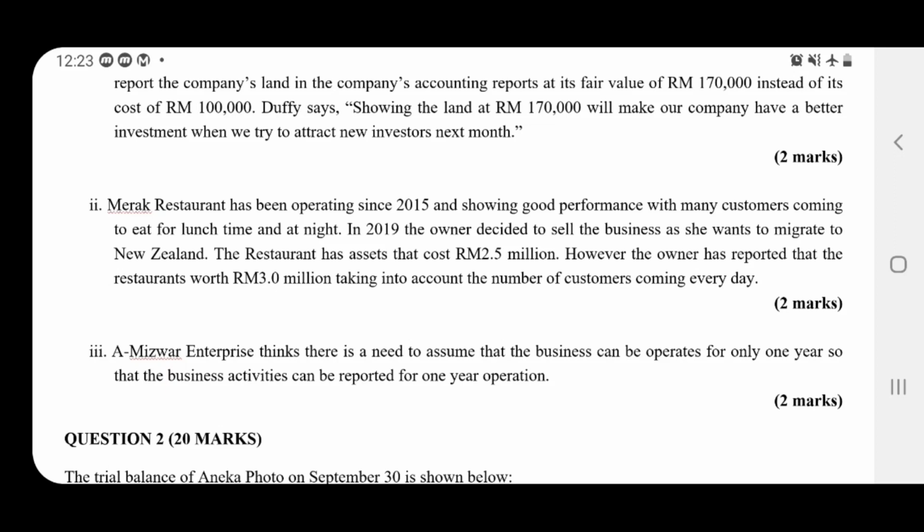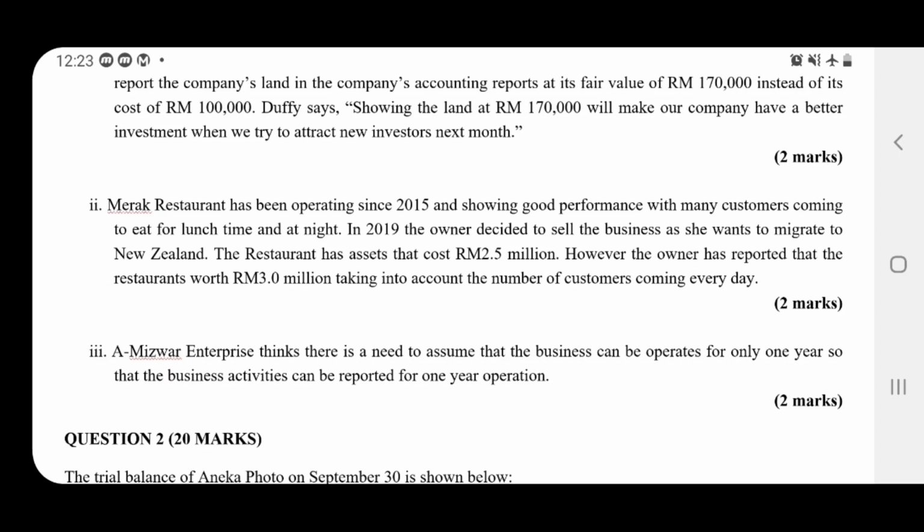See scenario number 3. Al-Mizwar Enterprise thinks there is a need to assume that the business can be operated for only 1 year, so that the business activities can be reported for 1 year operation. Okay, what do you think?